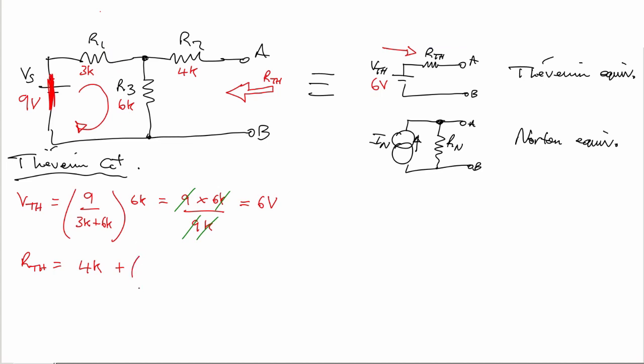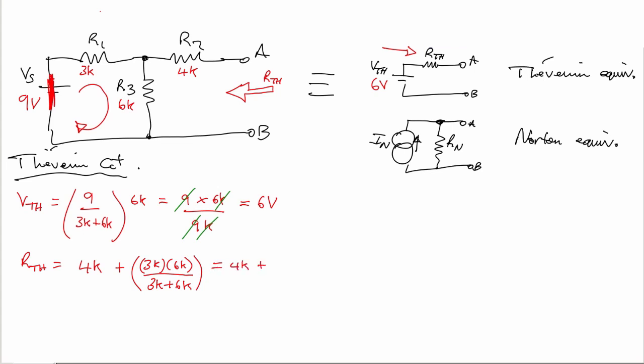So it's going to be looking something like 3K times 6K. Product over sum, remember, for resistors in parallel: 3K times 6K over 3K plus 6K. We simplify this a little bit.